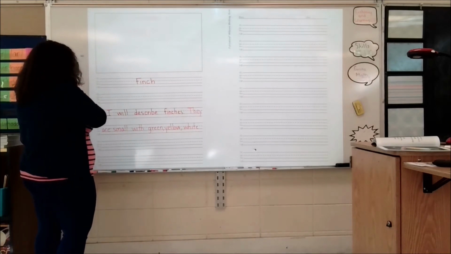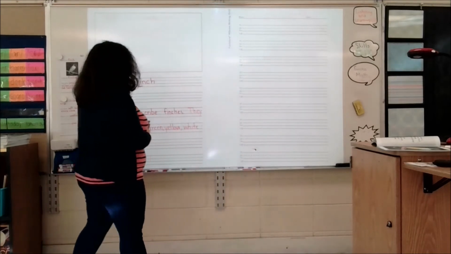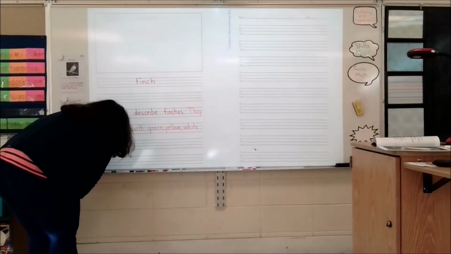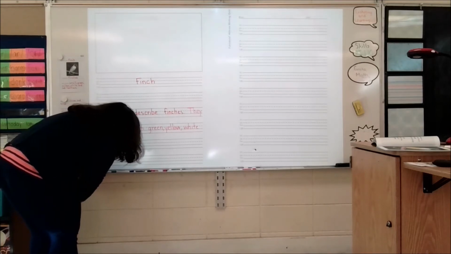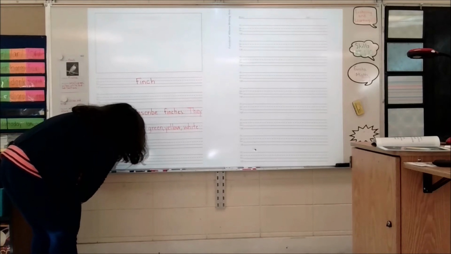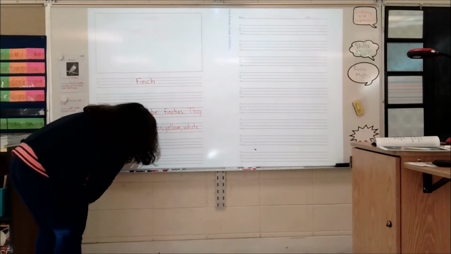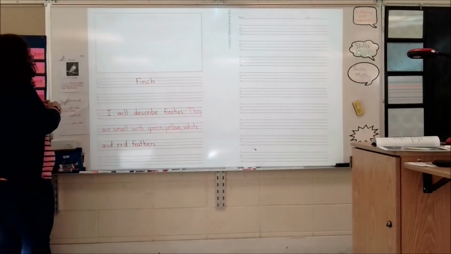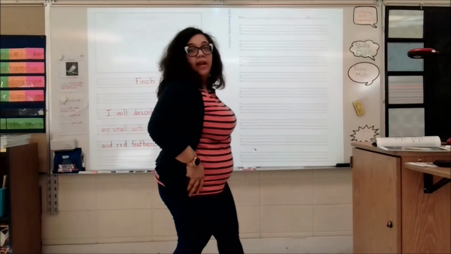I like the other one better. I'm going to switch markers, guys. I'm still using red, but I just want to switch to the other red. It's more rich. And red feathers. Good. So they are small with green, yellow, white, and red feathers.